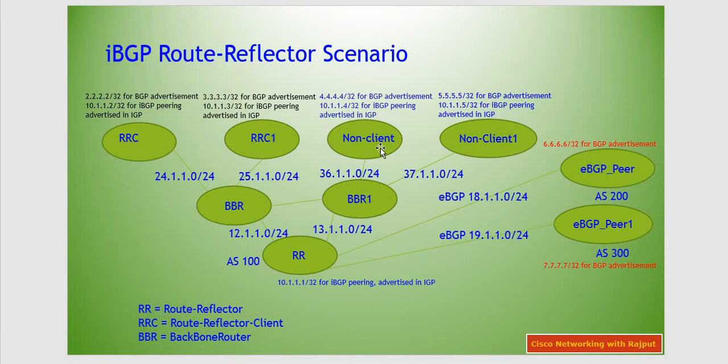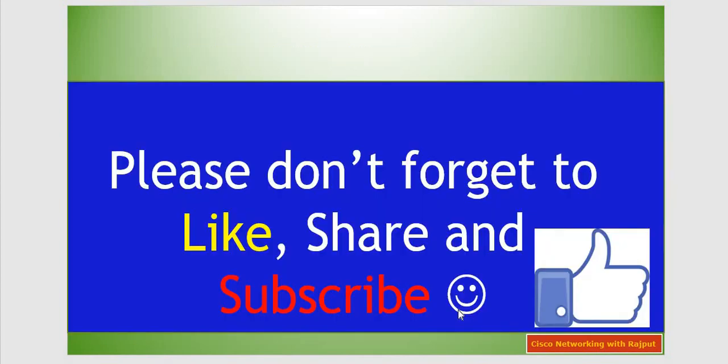And if non-clients have to have the complete routing table, they must have full mesh BGP peering with all the non-clients. Then only they will have the complete routing table. Otherwise, non-clients will not get any update of other non-clients. So this is the beauty of Route Reflector.